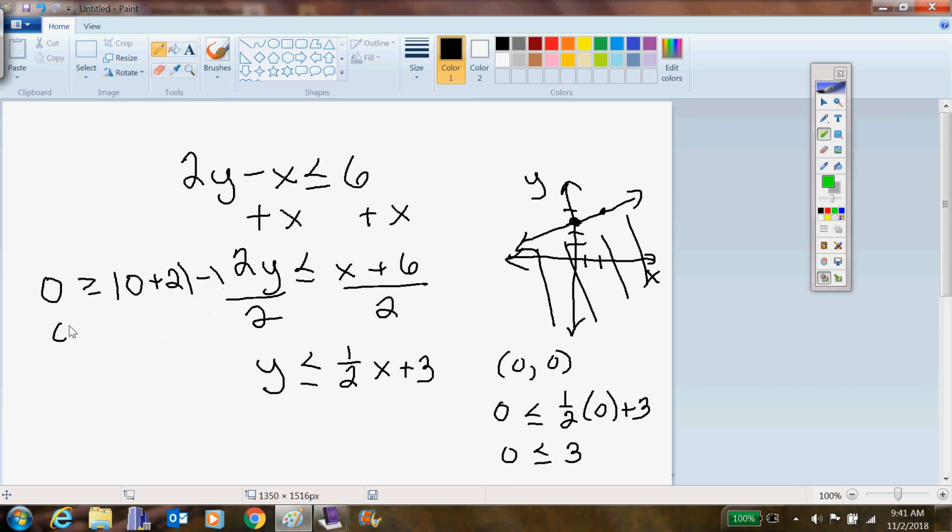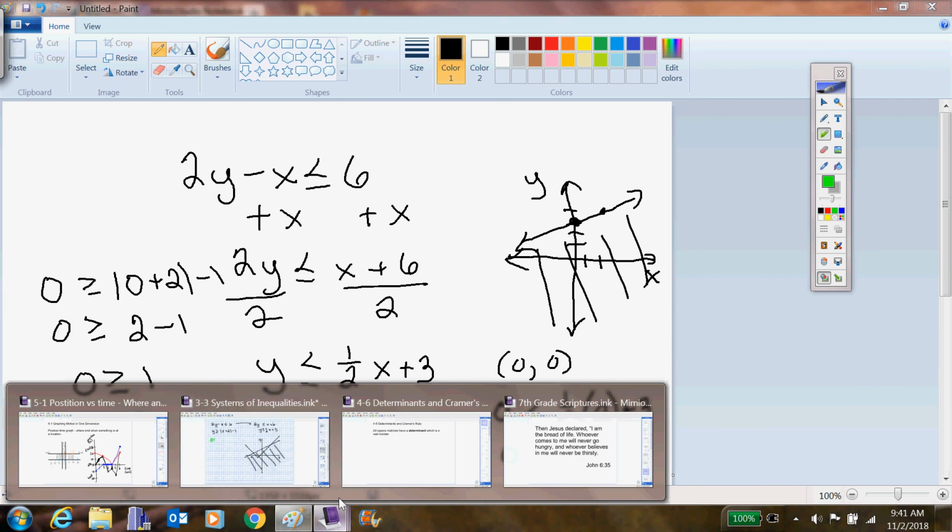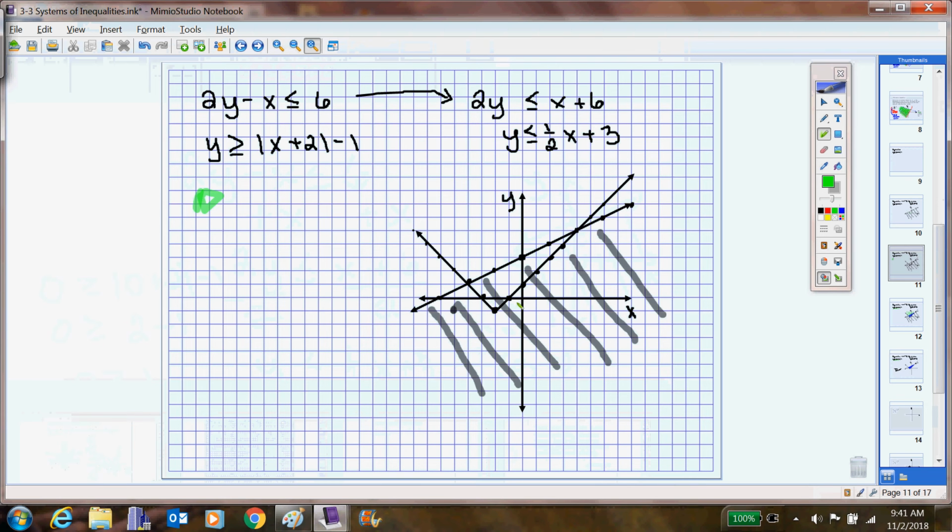So 0 is greater than or equal to 2 minus 1, 0 is greater than or equal to 1. That would be false, and that fits right along with what you said. It's just a second confirmation, because when we plug it in here, we get a false. So it wouldn't be here, it would be the other side, which would be above. So our graphing comes out to be above.